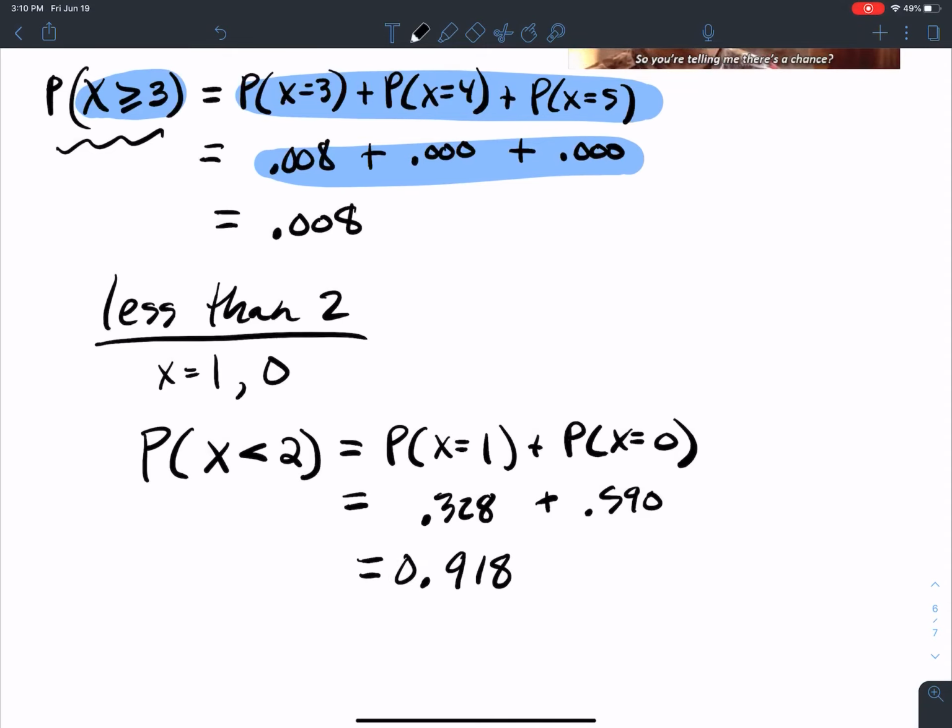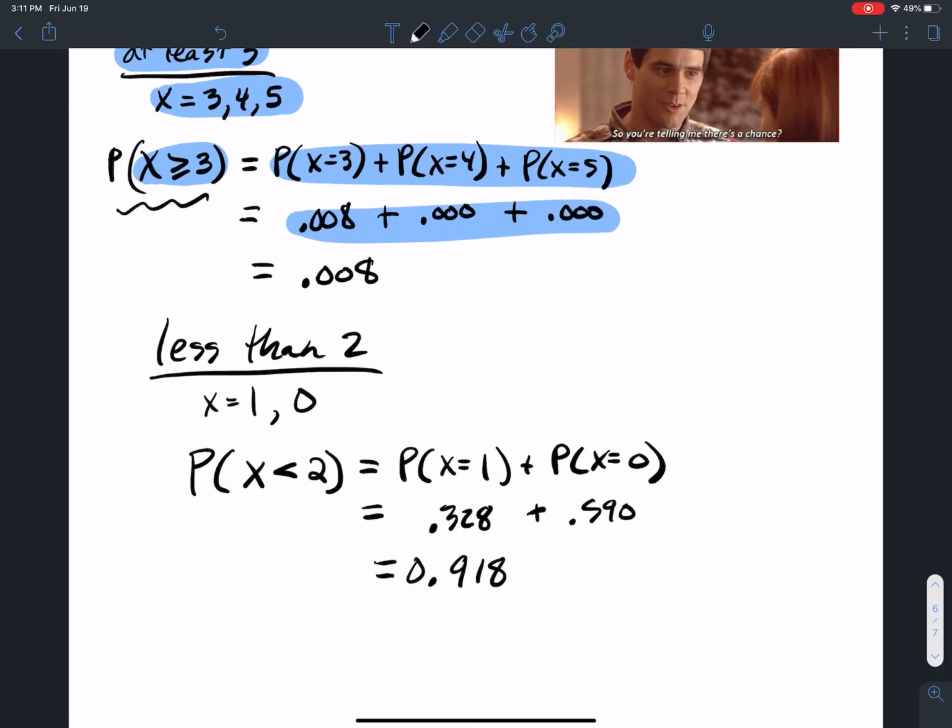So how do I interpret this? Well, the probability that the number of U.S. adults who eat 4 to 6 times per week is less than 2 is about 92%, 91.8%. Right? So that's how you would interpret that.